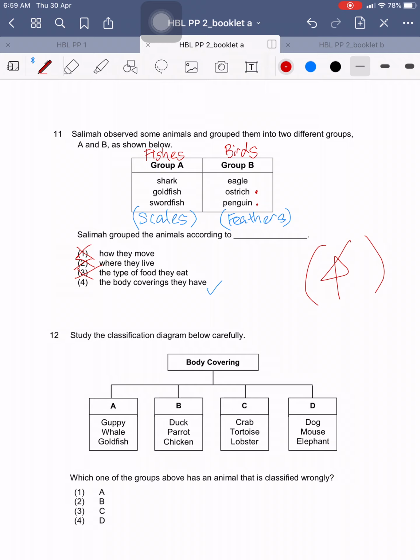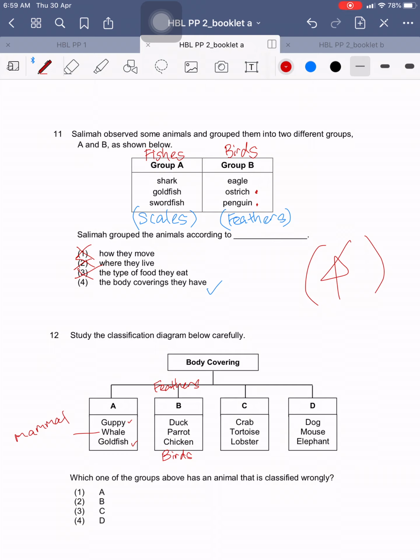For the first group, we have guppy is a fish, goldfish is a fish, but whale is a mammal. Alright, you have to take note, whale is not a fish. Now for group B, duck, parrot, and chickens, they are all birds.